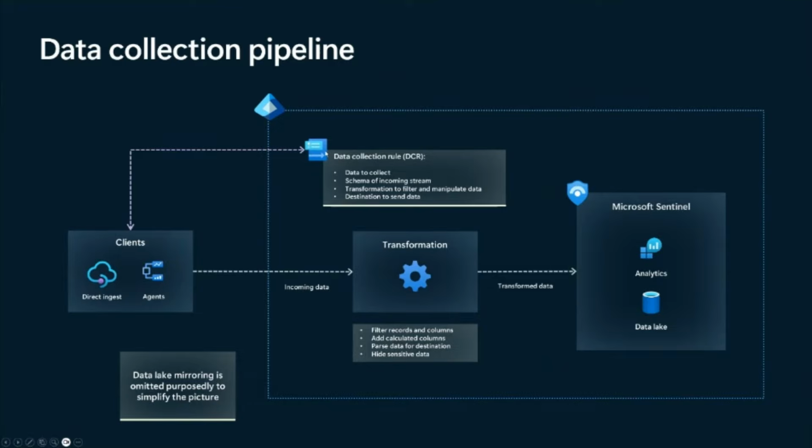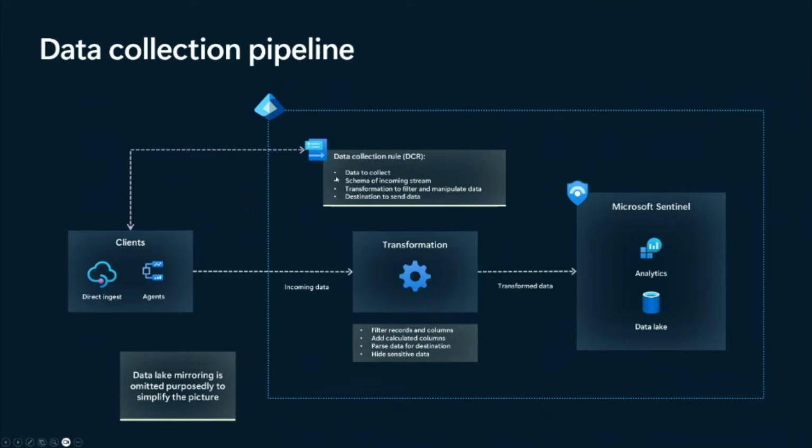You can think of a DCR essentially as a configuration file, and that configuration file provides instructions on how Sentinel should be processing the data that it's receiving.